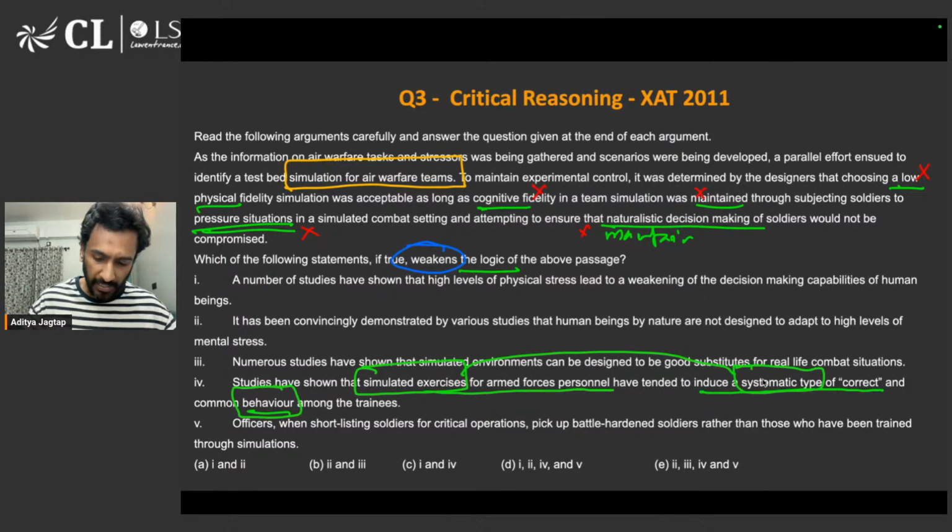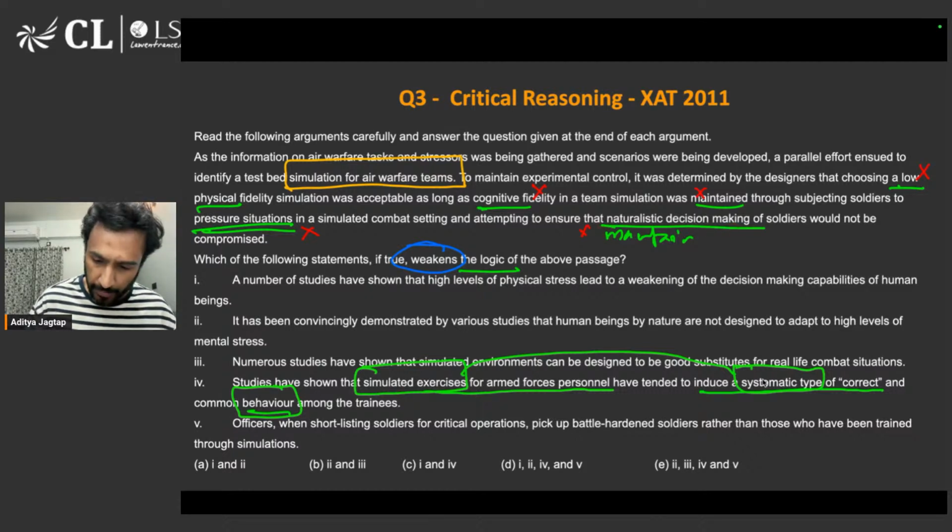And what is the passage trying to do here? The passage is trying to create a simulation exercise so that soldiers can maintain naturalistic decision making.